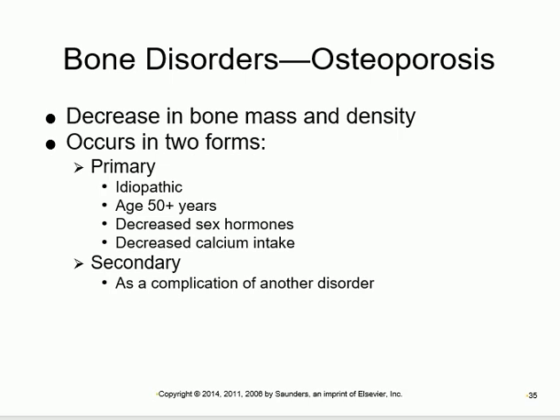I'm talking about systemic cortisone. If you're taking tablets or shots, if you take it for a long time, you can get osteoporosis. And if that's the case, the treatment will be to stop cortisone. Okay? But this is an important piece of information to remember. Glucocorticoids, which is cortisone, can lead to osteoporosis.